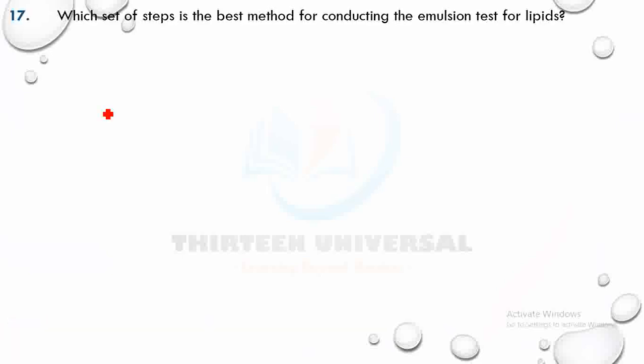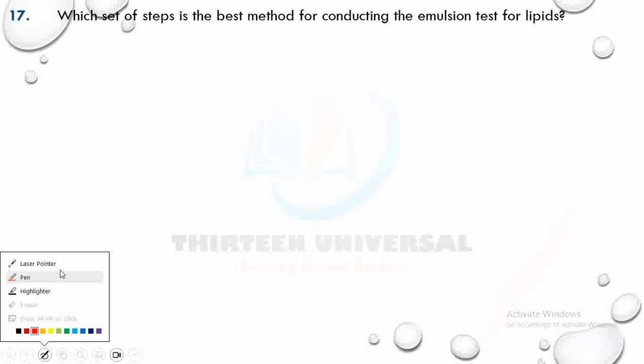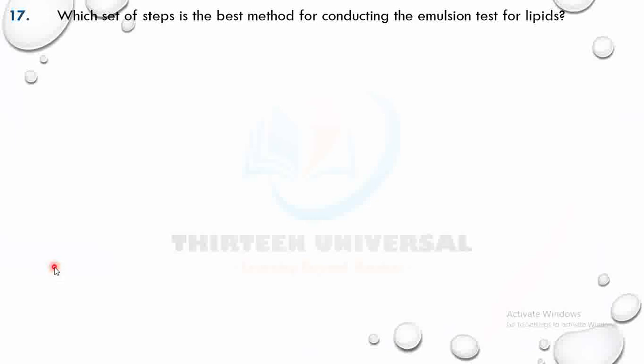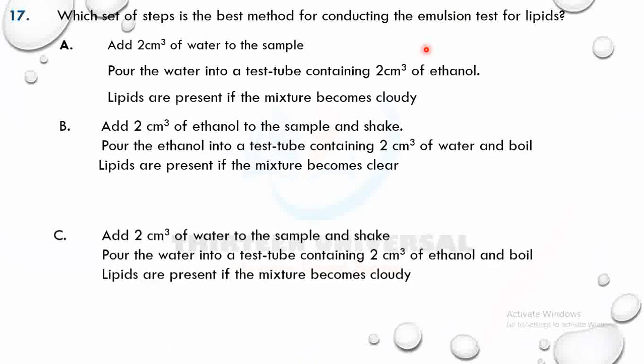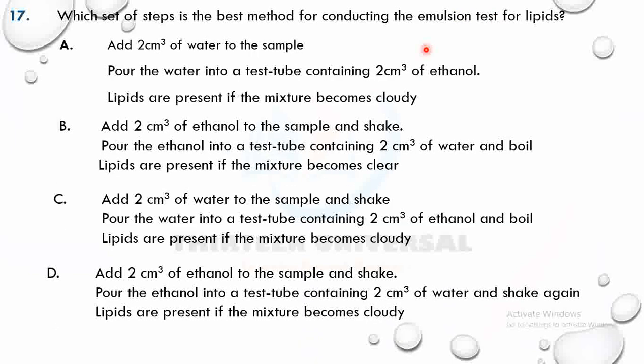Which set of steps is the best method for conducting the emulsion test for lipids? Look at them. Pause the video and try it. Which one is the best method? Okay, A says add 2 cm cube of water to the sample.